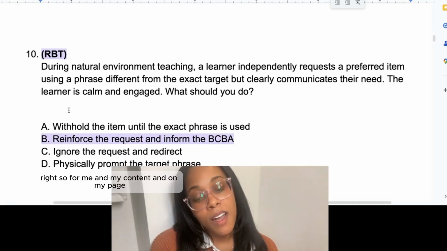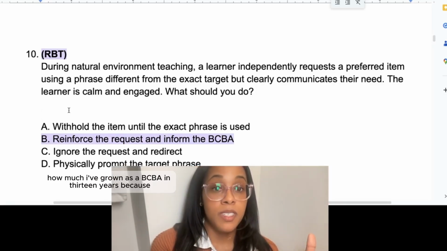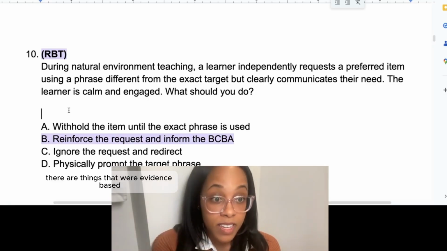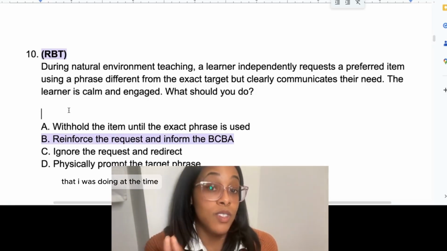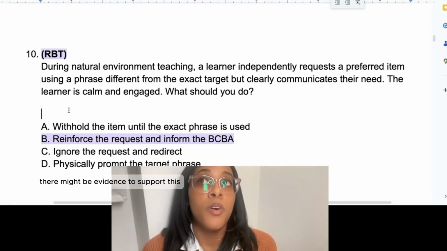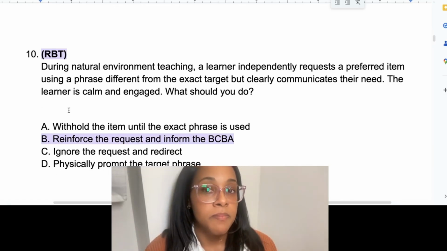For me and my content and on my page, I always like to talk about how much I've grown as a BCBA in 13 years, because there are things that were evidence-based that I was doing at the time, where now I'm like, okay, there might be evidence to support this, but we also have other evidence to support the contrary.